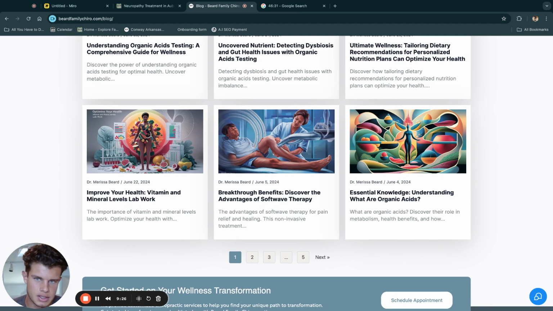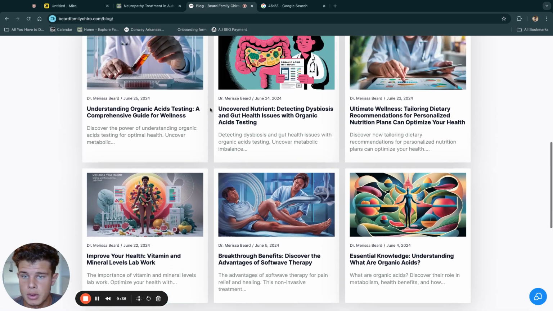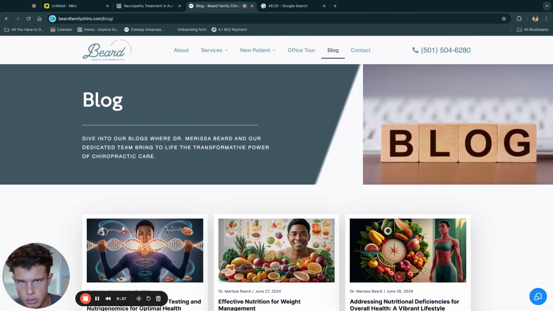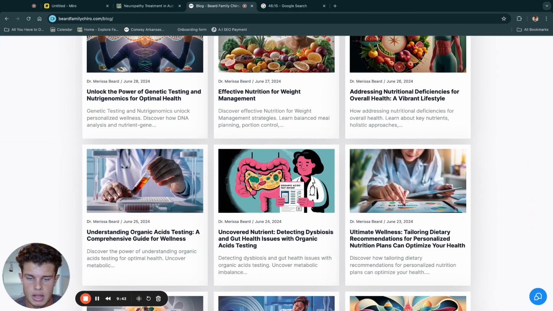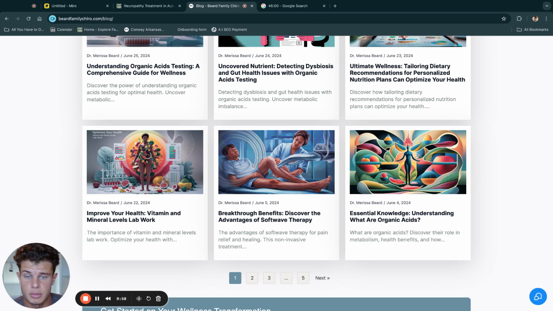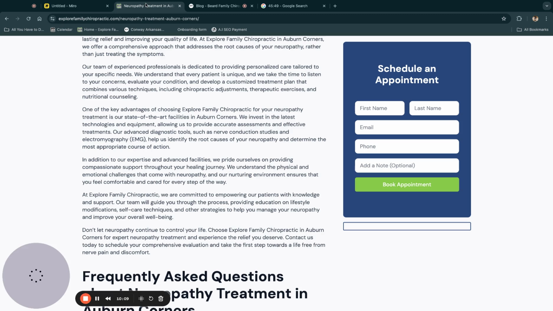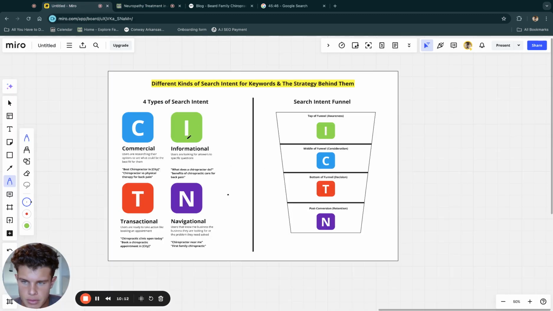Because if we start off by trying to target the harder keywords and the keywords that are super difficult to rank for, and we don't rank for anything currently, Google's gonna think that, oh, we don't know what we're doing. So the best case to solve that is to start ranking for keywords that are just very simple and very, very straight to the point. So these could be as simple as, let's just say, discover the advantages of software therapy, or what are the advantages of software therapy? Just longer things like that are super easy to rank for, that we can start building authority for. So that is what we will use the informational and commercial content for.